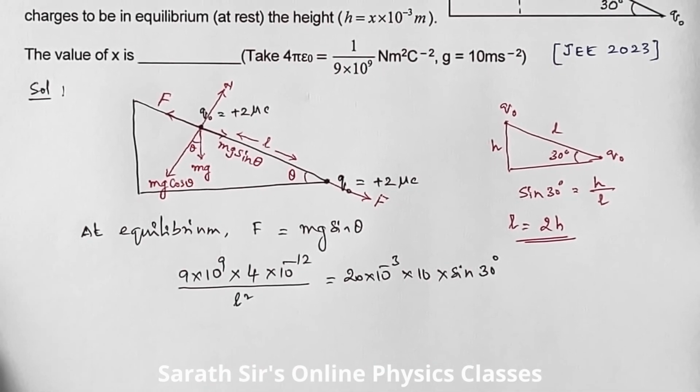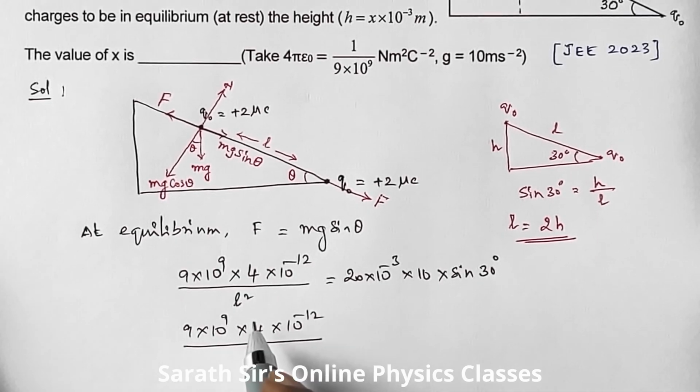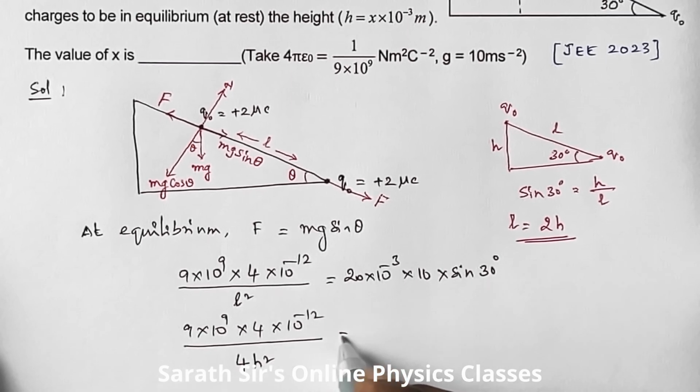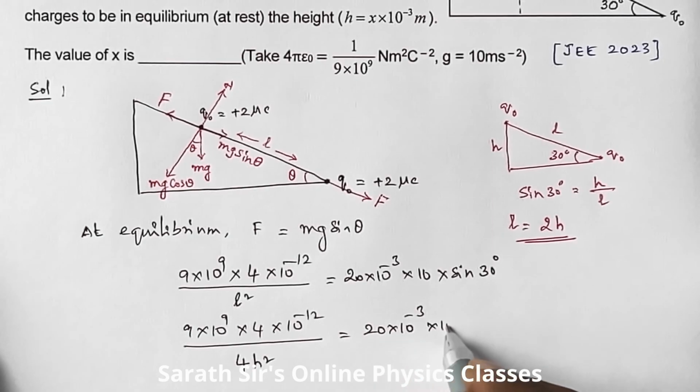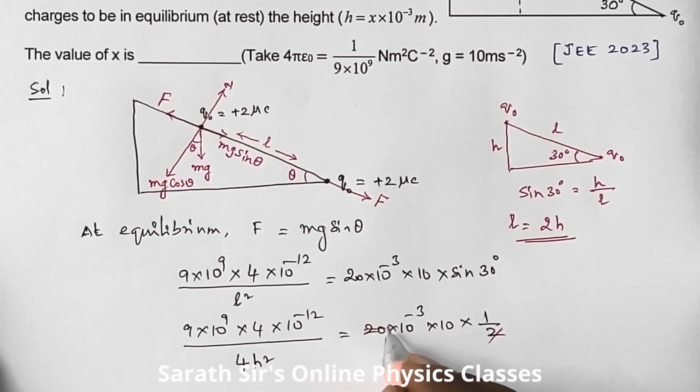So what are the things that cancel? Let us write another step. 9 into 10 to the power of 9, 4 into 10 to the power of minus 12 by L square. L square is equal to 4H square, that is equal to 20 into 10 power minus 3 into 10, sin 30 is equal to 1 by 2. So what are the common things here? 2 cancels.